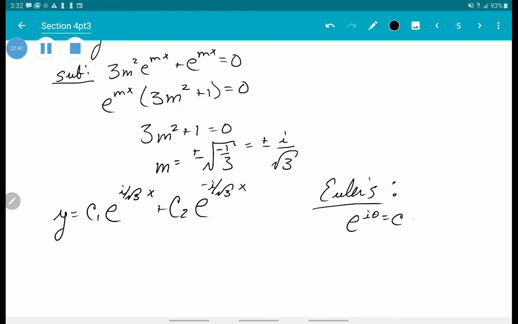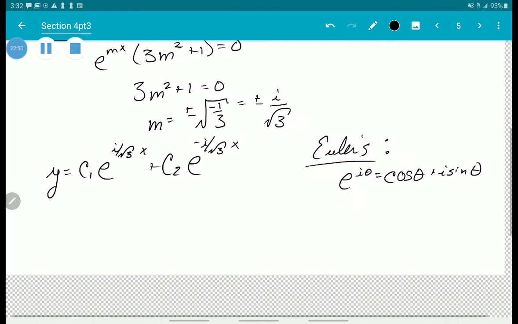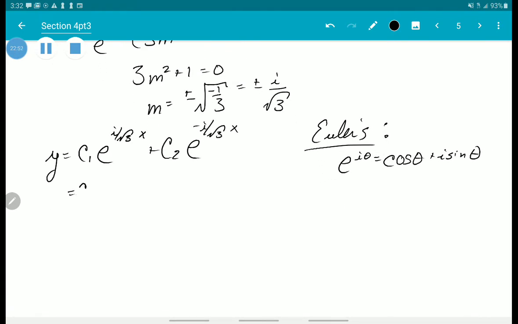Euler says e to the i theta equals cosine of theta plus i sine of theta. So if we replace e to the i over square root of 3 x, we're going to have cosine of x over square root of 3 plus i sine of x over square root of 3.